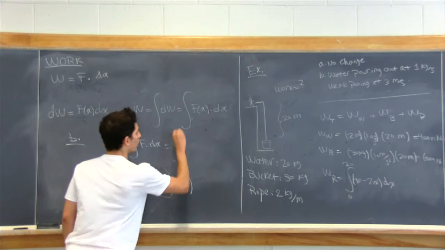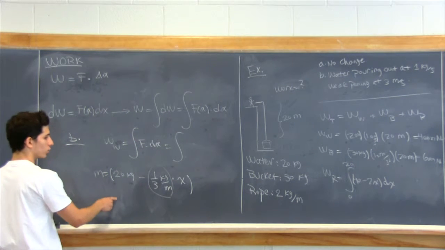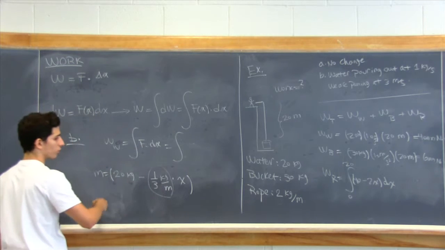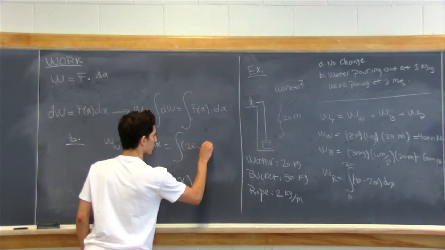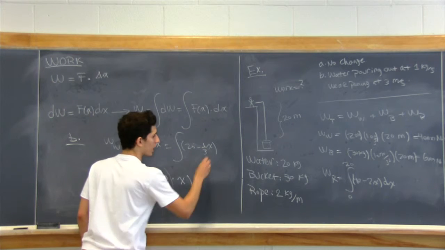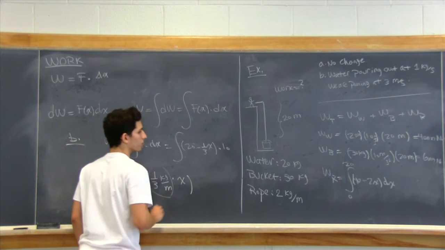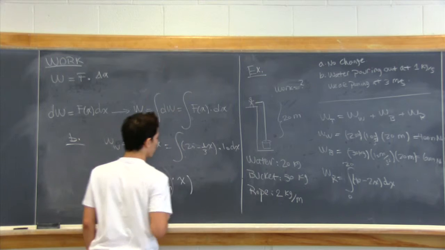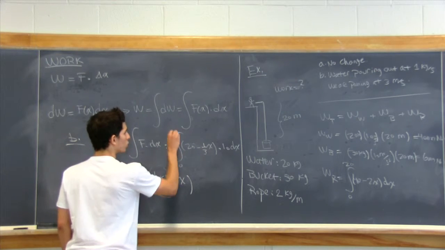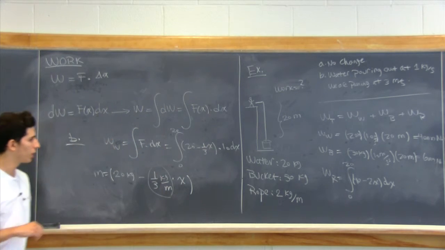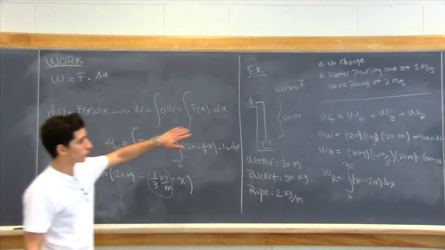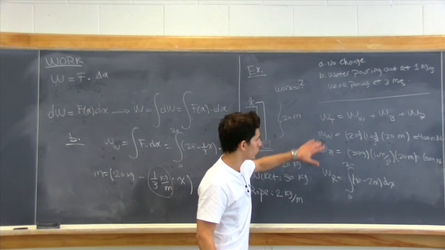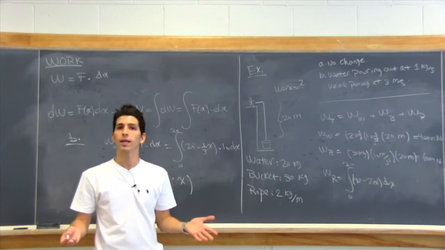My f is just this thing times g: 20 minus 1/3 x, times 10 for g, dx. And that goes from 0 to 20 again, because our bounds haven't changed. And that's the work that you do for the water. Again, this would replace this, and you would add it up to these two, and there you have it.